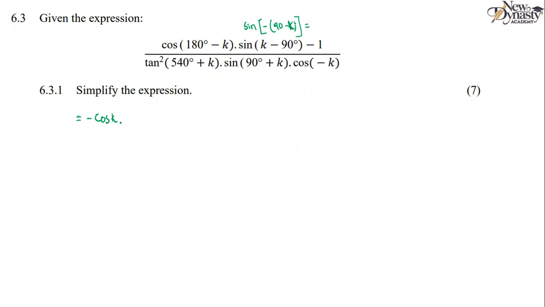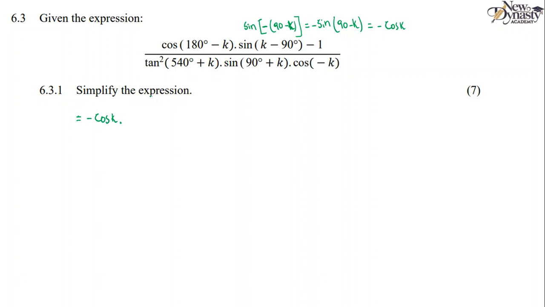Remember, sine of a negative angle is negative sine. So that is going to be negative sine of (90 minus k), and the 90 minus changes to its co-ratio, which is cos, so that is going to be negative cos k.